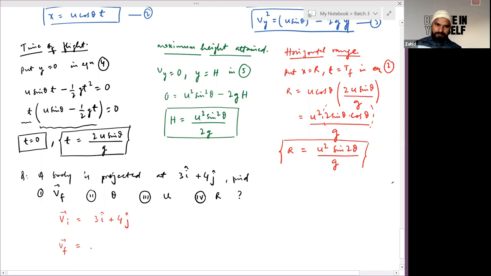So it will be 3i cap, and this 4j cap will become minus 4j cap, as there is only change in direction of y component of velocity from point of projection till it hits back to the ground.